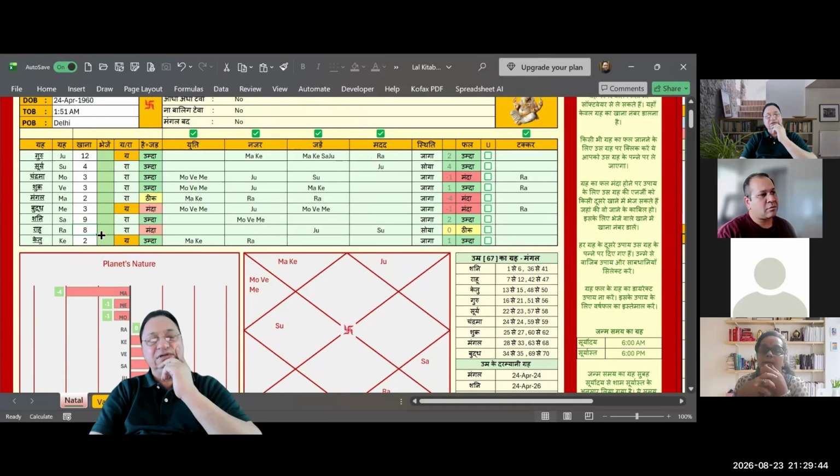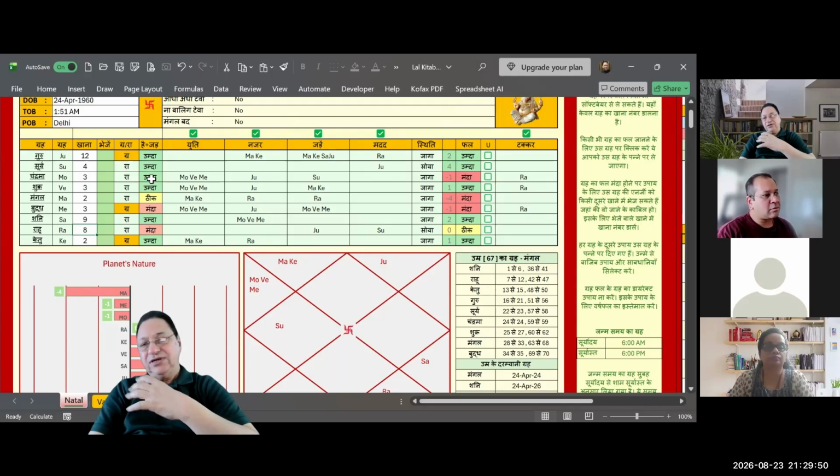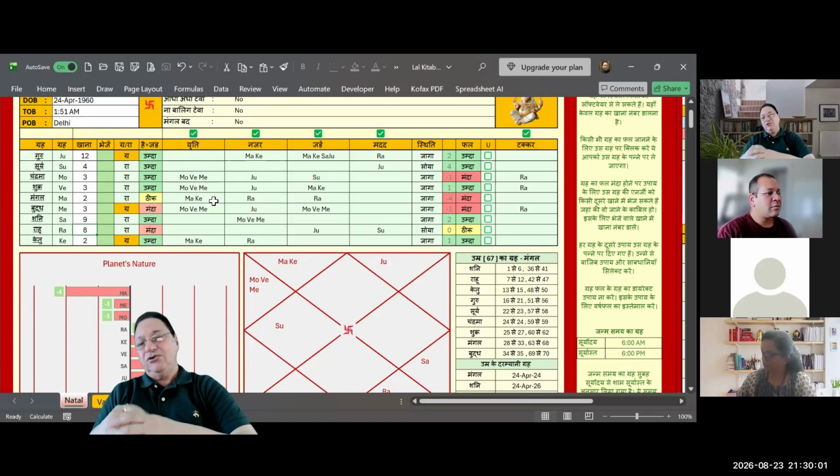As you fill in these numbers, you will immediately know these green ones are the planets which are good by their placement, or by their placement are bad. If you know Lal Kitab, there is a terminology called bahasiyat. That is, on the basis of their placement, are they good or bad?